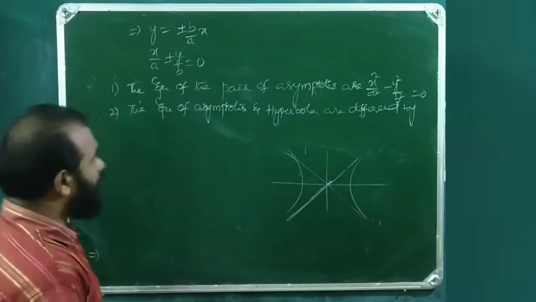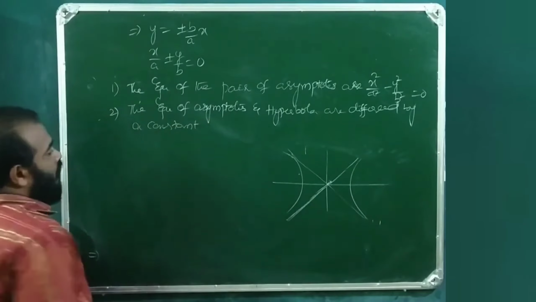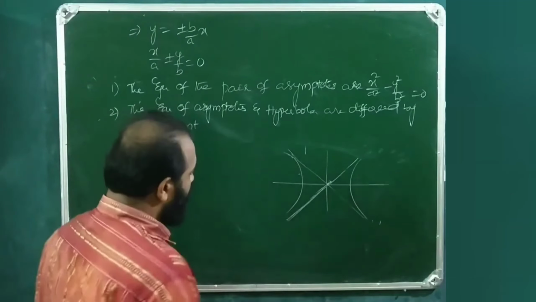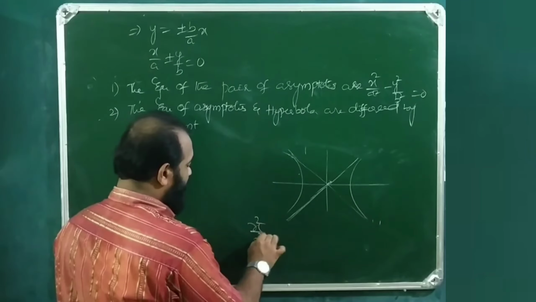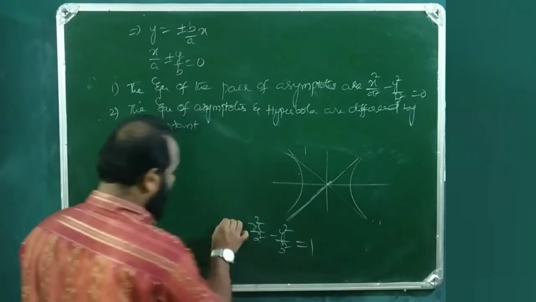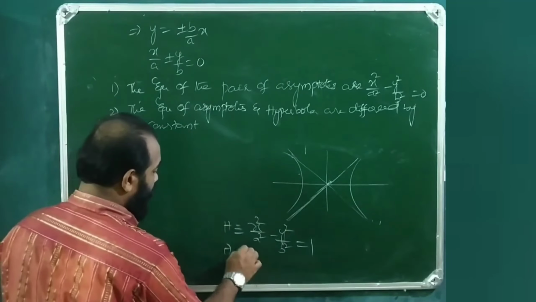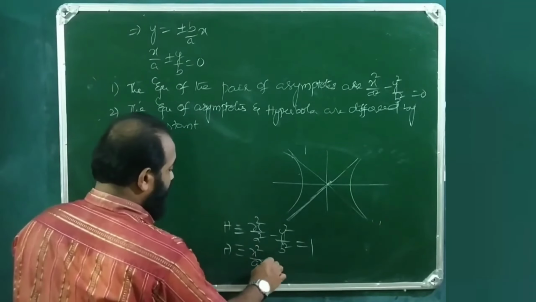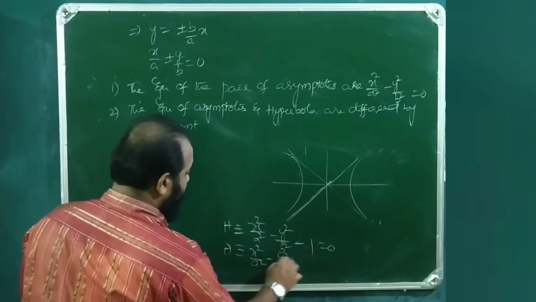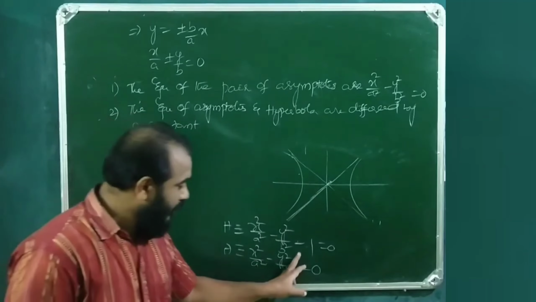What is the equation of the hyperbola? x square by a square minus y square by b square equals 1. This is the hyperbola, and the asymptotes are x square by a square minus y square by b square equals 0. So both are the same, differing by a constant.